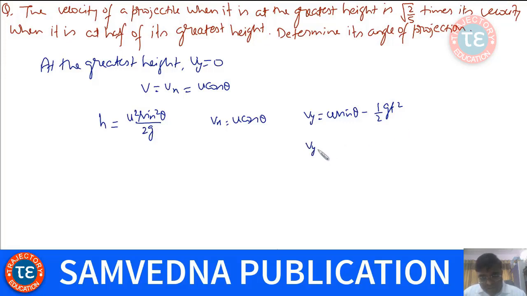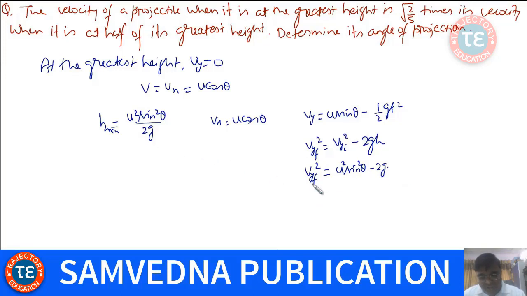So we can say that Vy final square equals Vy initial square minus 2gh. That's the formula that we have been using in motion in one dimension for uniformly accelerated motion. Acceleration is minus g, so we can use this formula. Vy initial is U sin theta, so it will be U square sin square theta minus 2g times H max.